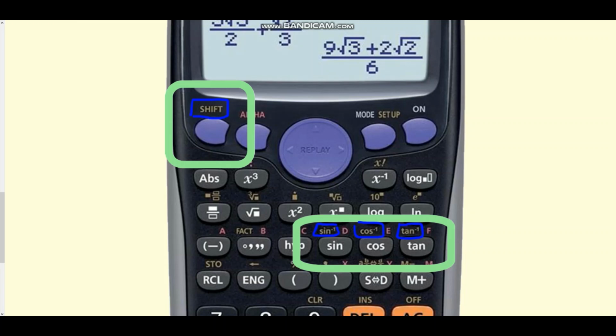Just be very careful. If you've got a phone calculator, it's probably a second function button rather than a shift button. If you're working with something other than a Casio, it's usually located in the top left corner, and then the second function of your sine, cos and tan buttons.